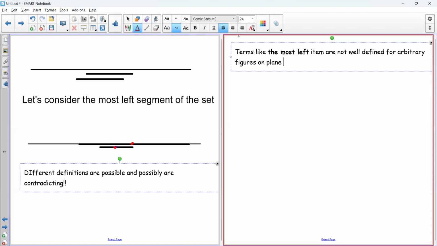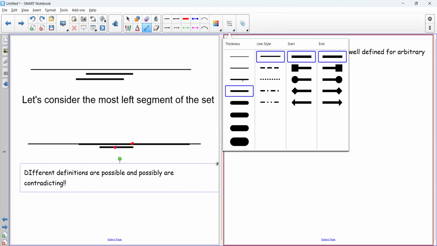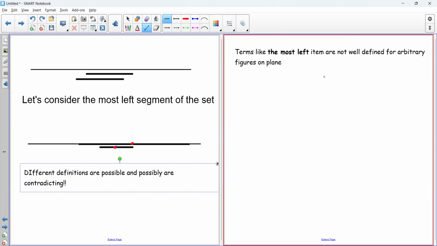And for what it is defined then, right? First of all, there is no left and right on a plane in principle, unless and until we consider a system of coordinates. Left and right are defined just when we have a direction.